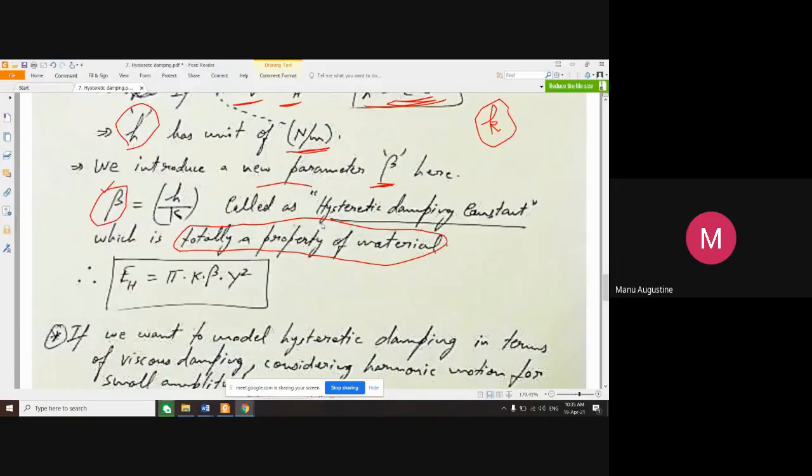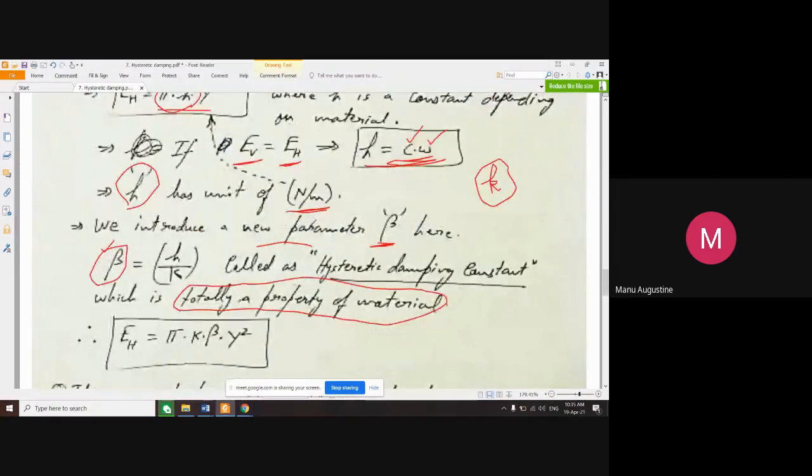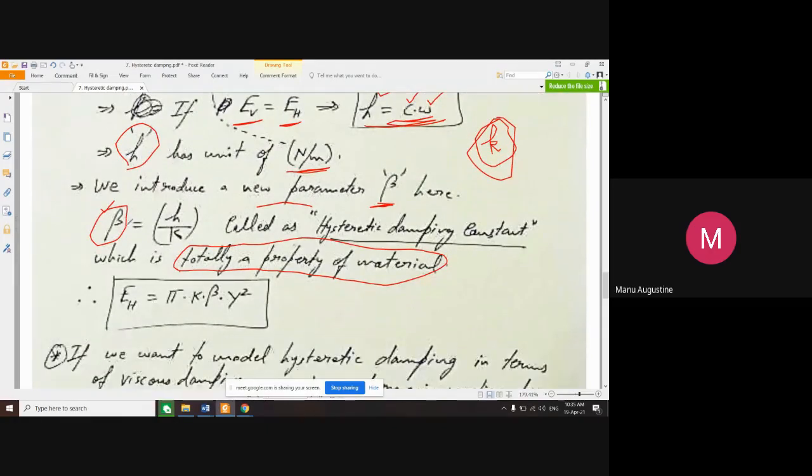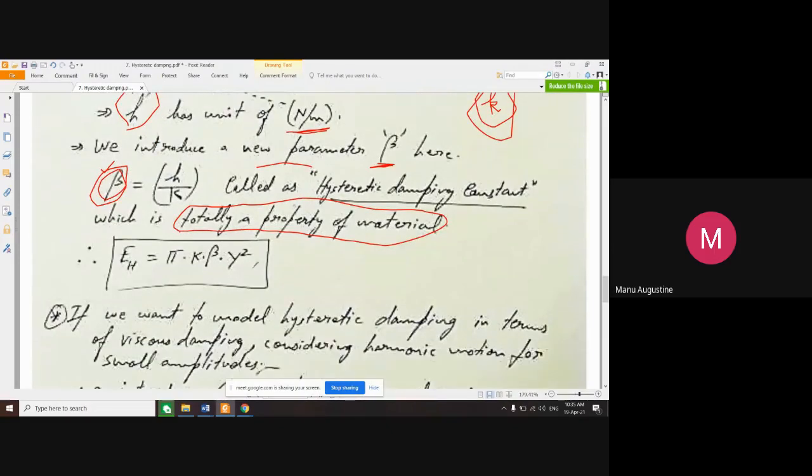So basically now you have this expression by not using h as a parameter because it was lacking k. You introduced k and you created a new parameter beta. And now if you see, beta is a dimensionless parameter.